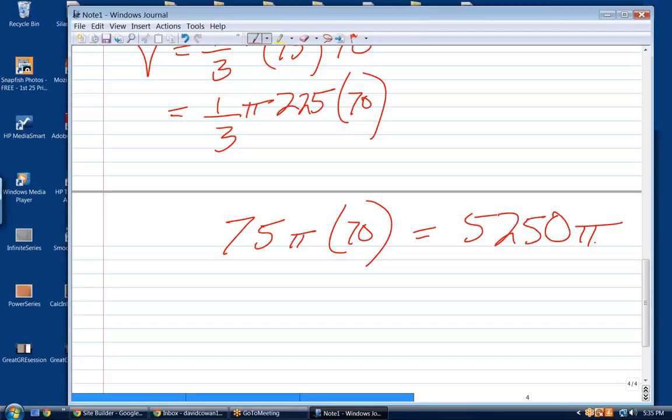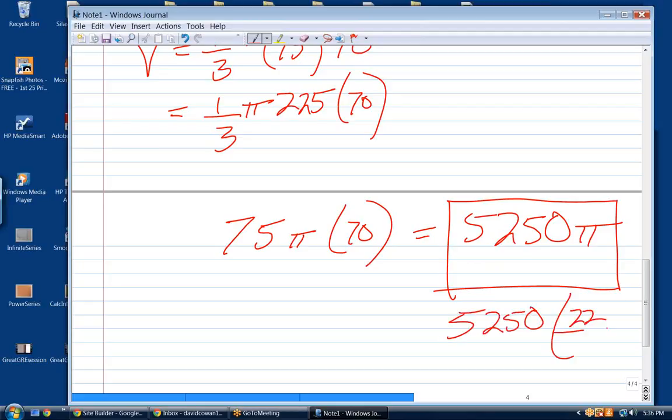And now this would normally be your answer, 5250 pi. But since they want us to use 22/7 for pi, then I'm going to multiply that by 22/7, and whatever that number comes up to be is the answer.